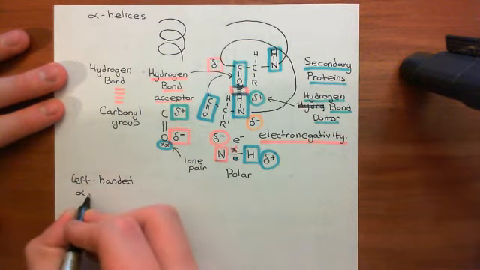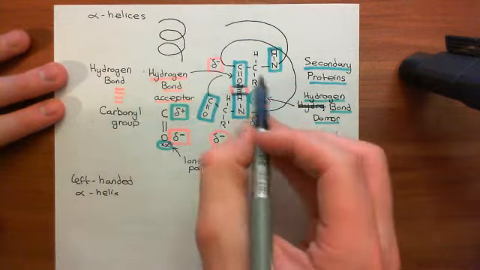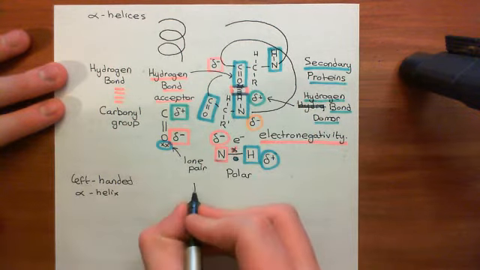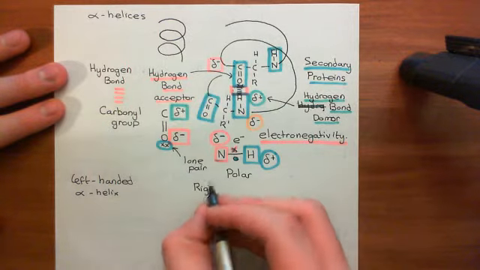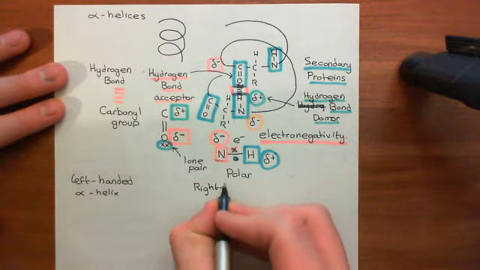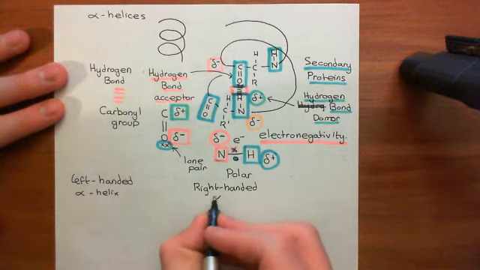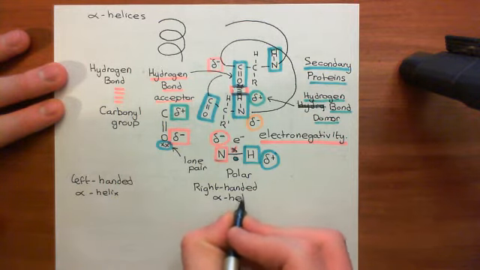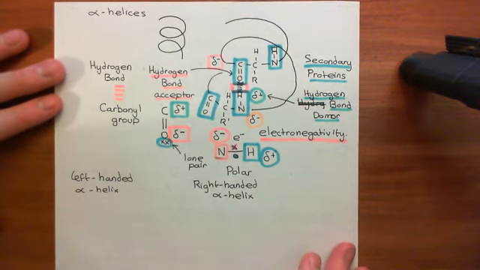Now, the alpha helices that I've been drawn here and here, these are both right-handed alpha helices. Obviously they're both the same, what I've drawn here. But there is a different type of alpha helix, known as a left-handed alpha helix, and I want to explain the difference between a right-handed alpha helix and a left-handed alpha helix.